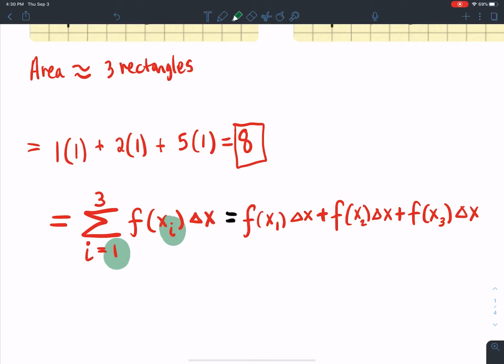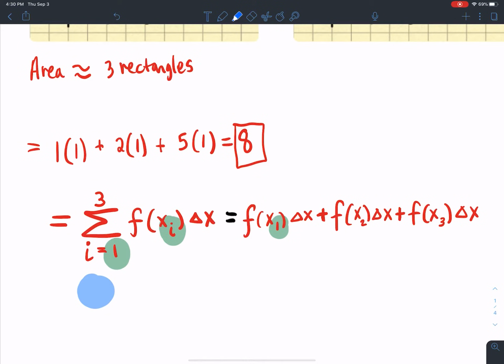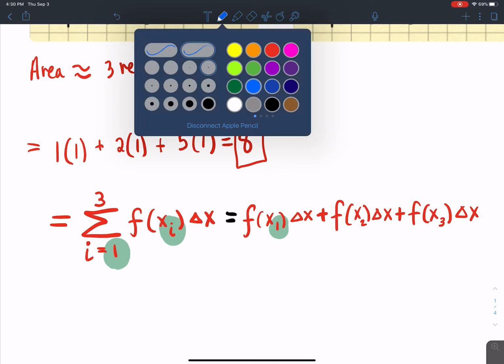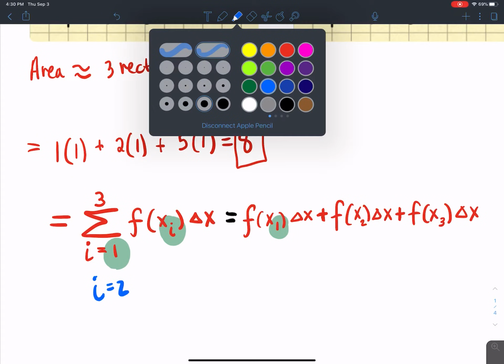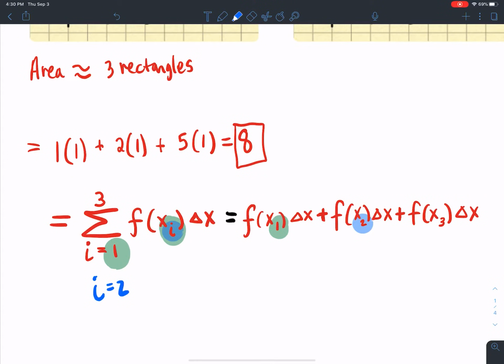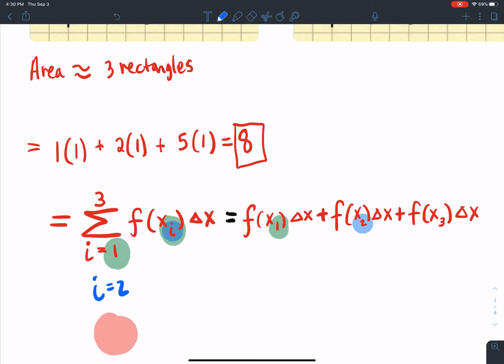So the first time I do it, I put a 1 there. And then whenever I finish that, I go to i equal to 2, and I plug in a 2 everywhere I see my i. And then the last one is i equal to 3, because the last one is where we stop right there, and I plug i equal to 3 in.